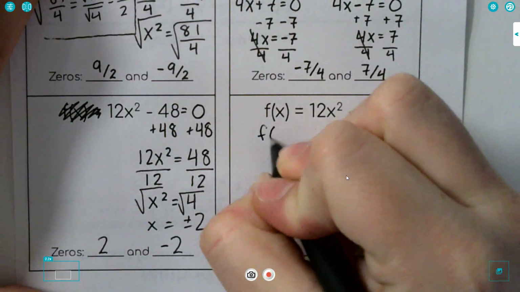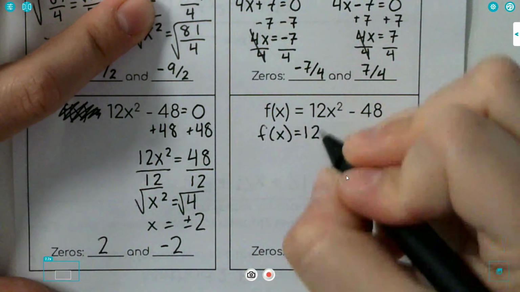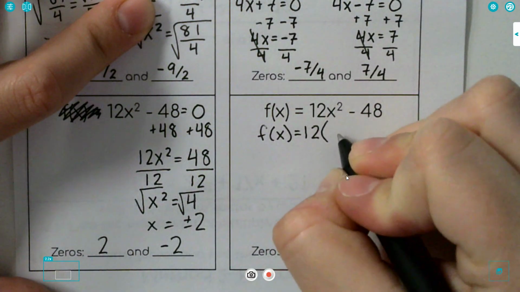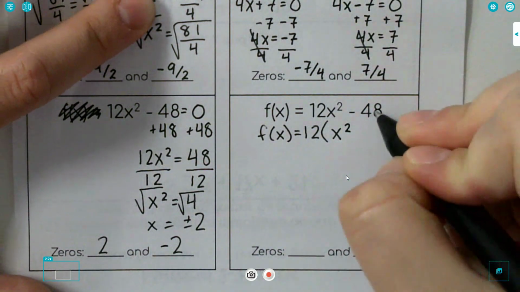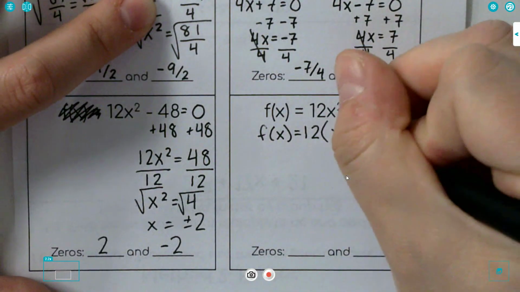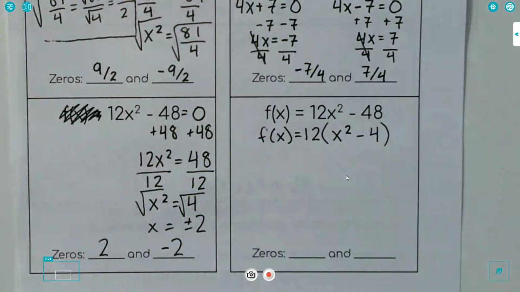So we'll keep our f of x equals. We're going to divide out a 12. 12x squared divided by 12 just leaves behind the x squared. Negative 48 divided by 12 is minus 4. So this one had a greatest common factor of 12.